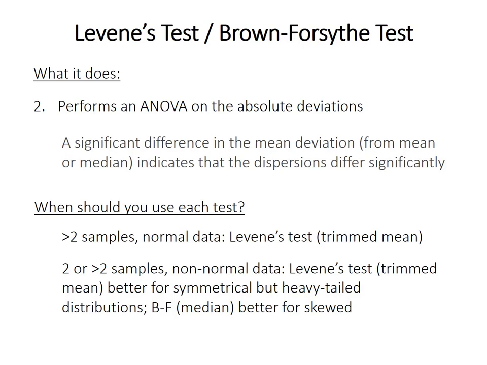But if you have two samples or more than two samples that are non-normal and are skewed, it's best to use the Brown-Forsyth test for deviations from the median. So basically, Levene's test for symmetrical data, Brown-Forsyth test for skewed data.